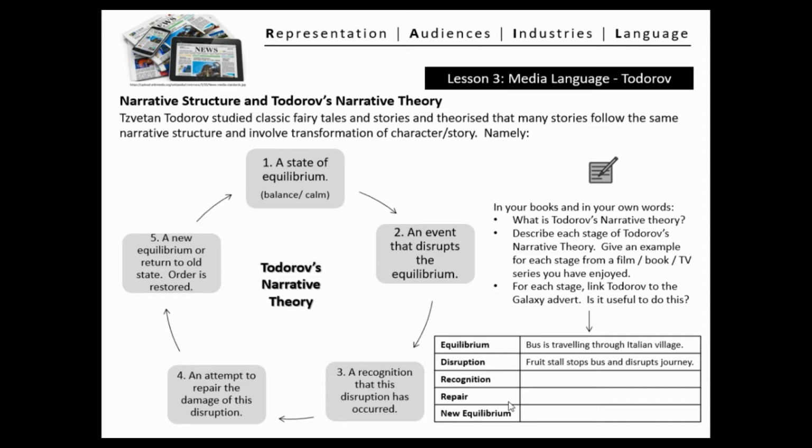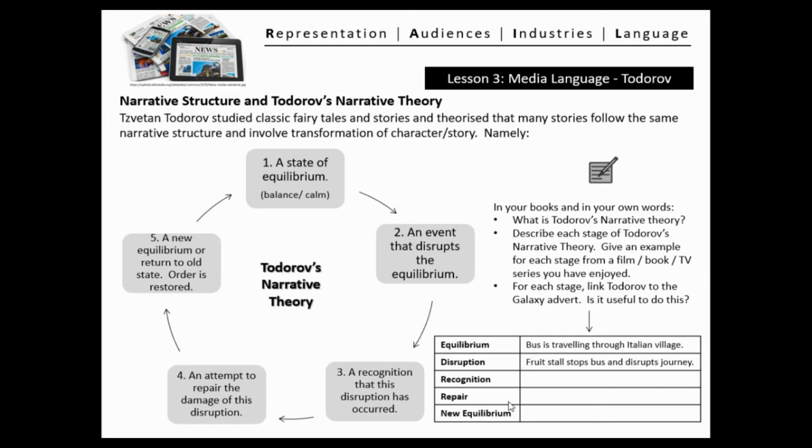So what I would like you to do in your exercise books, I want you to write down what is Todorov's narrative theory. Then I want you to describe each stage of Todorov's narrative theory. So get this information down so that you can use it for revision.